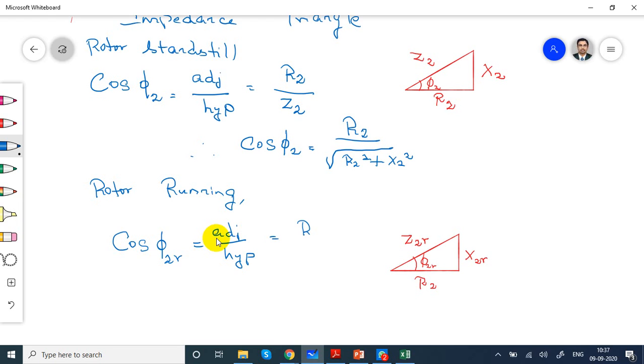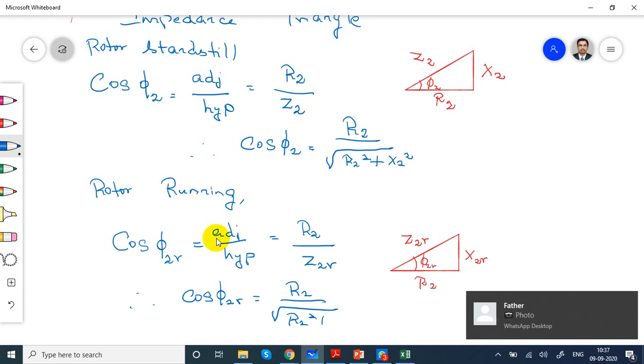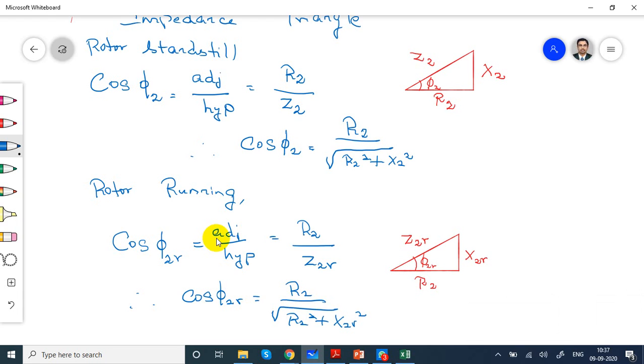So R2 by Z2R. Therefore cos phi 2R equals R2 by square root of R2 square plus X2R square.